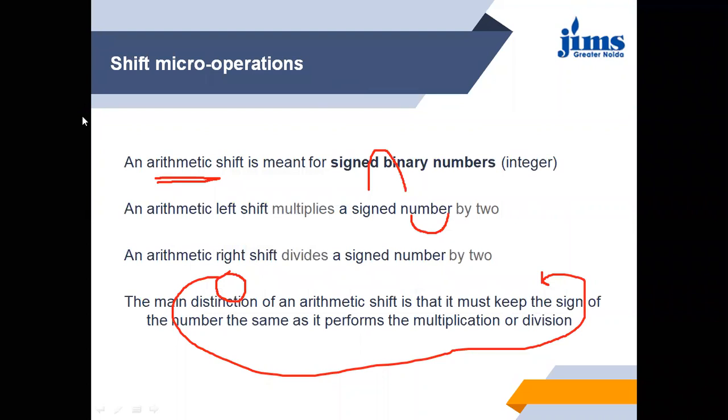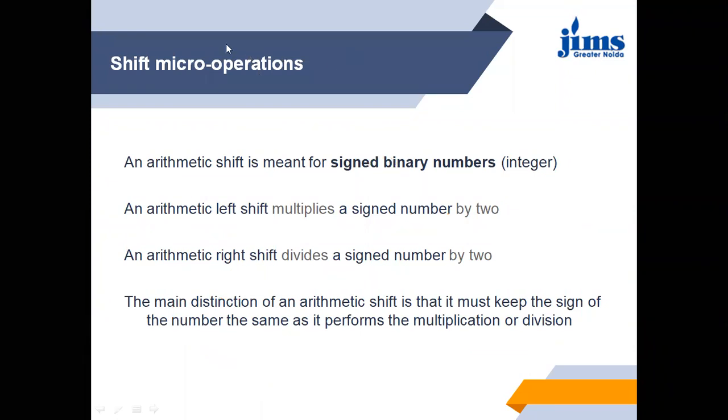Now next, and this is the last one in the shift micro operations, the arithmetic shift micro operation. In arithmetic shift operation, number one, it is going to be performed on signed binary numbers.